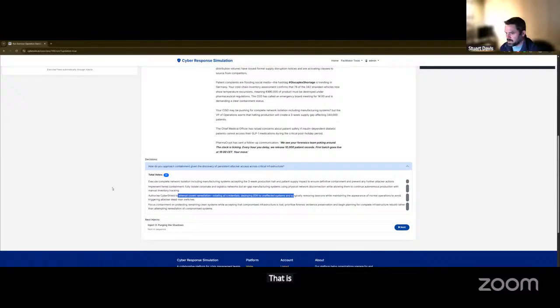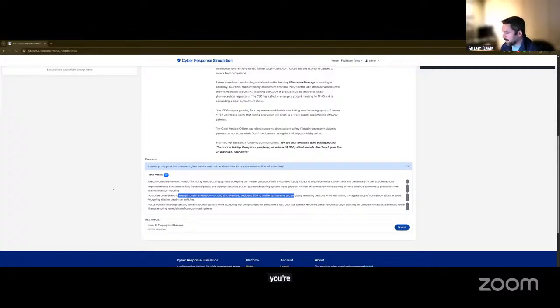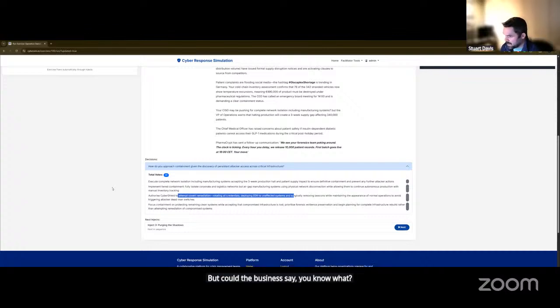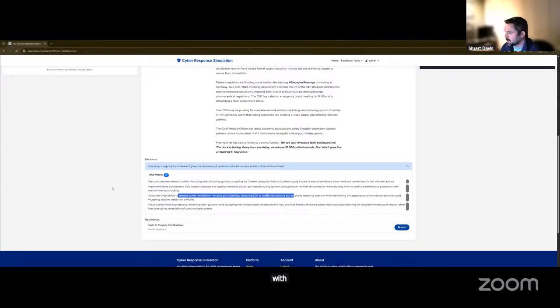That is going to be something, as you make these decisions, which do you think is the one that is balancing capability? Obviously, if we know the old way, when you disconnect the internet, you disconnect all the services, you're no longer connected, the bad guy can't connect. So we feel as though the risk goes down. But could the business say, you know what, we've got advanced security technology nowadays, we can do this with a lot of coordination and experts?